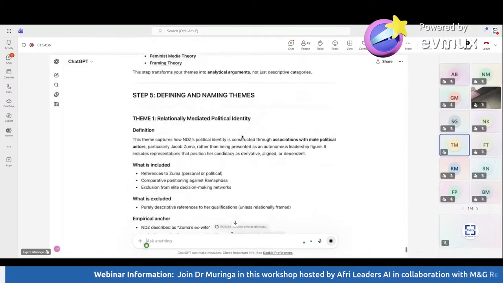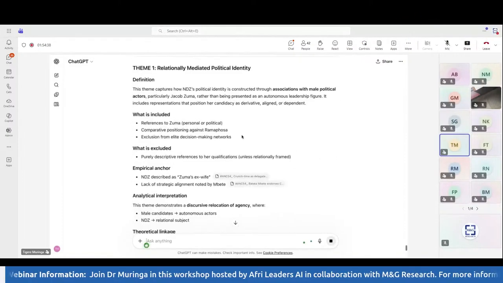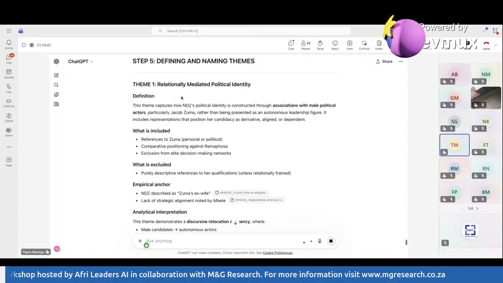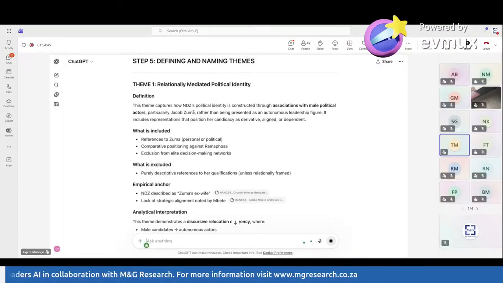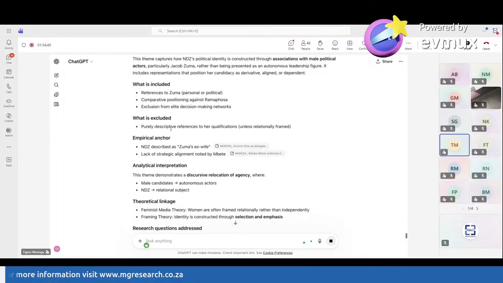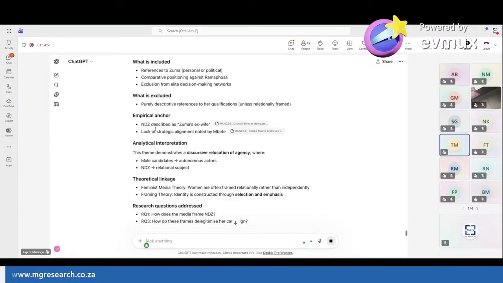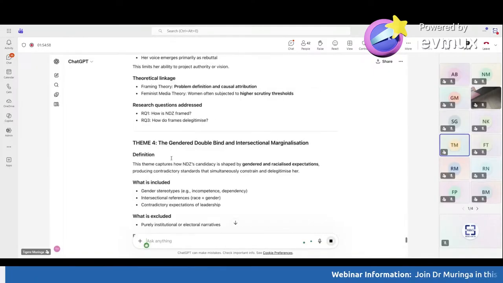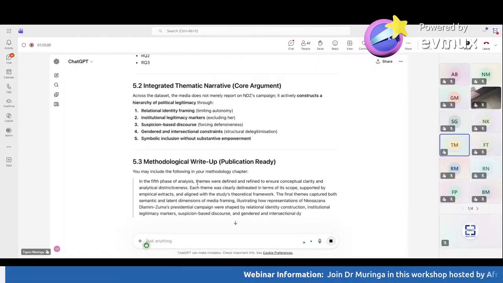Right, so step 5, defining and naming themes. So this is what you need to do. Relationally mediated theme, this is our first theme. This theme captures it, defining the theme, what it included, the codes that were included, what it excluded, empirical anchor, right, the examples, analytical interpretation, theoretical linkage, etc. So I'm going to say, right, just one theme.